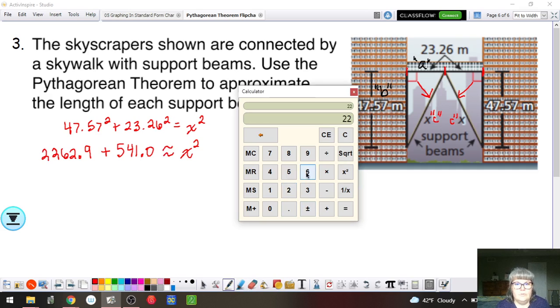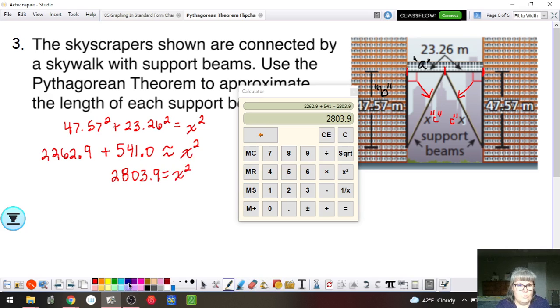So 2262.9 added to 541.0 is 2,803.9 for our approximation for x squared.